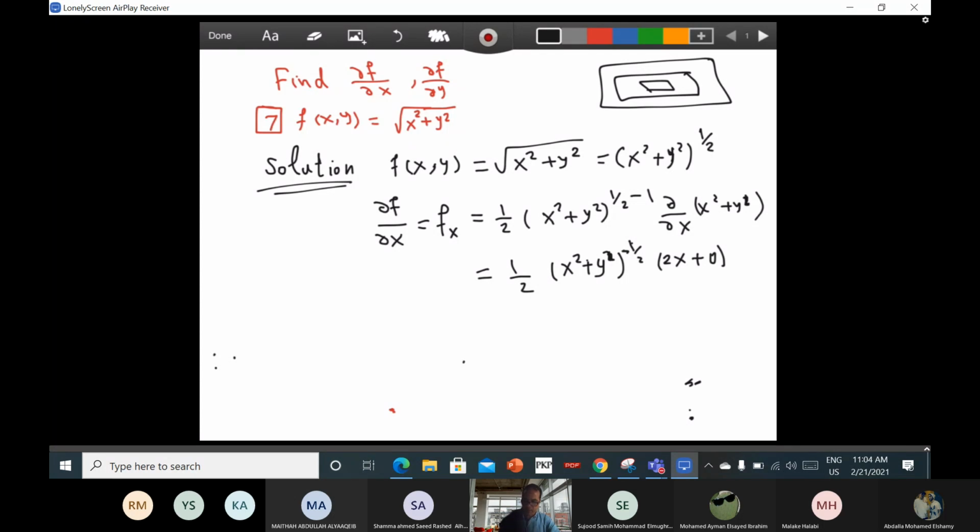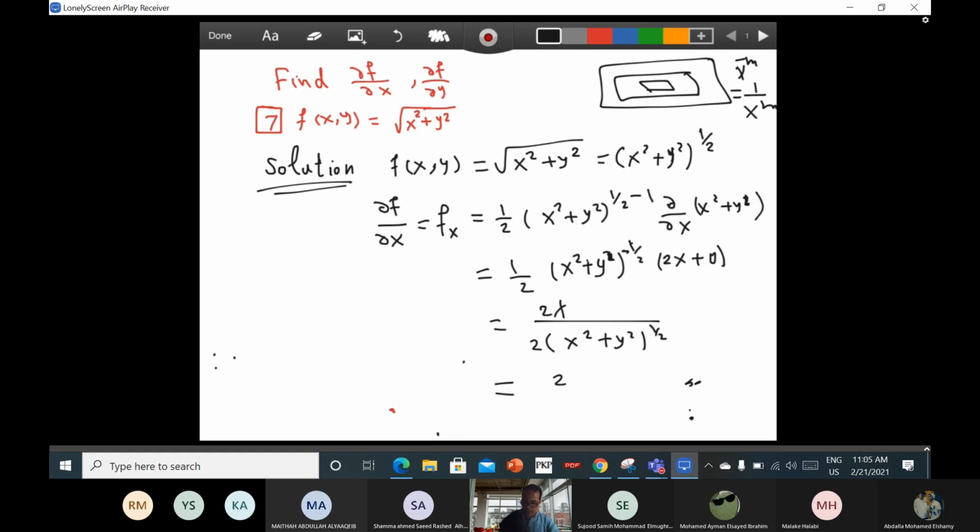Now this minus half, I can get it down as x squared plus y squared to the power positive half, because I know x to the power minus m is 1 over x to the power m. Now I have 2x, so I can write 2x here.